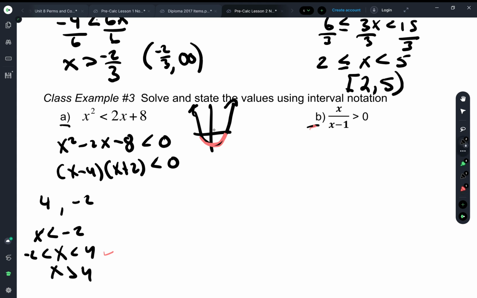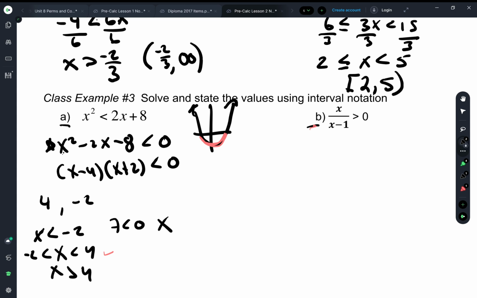Okay, so watch. If I try less than negative 2, let's do negative 3. If you put negative 3 in here, that's 9 plus 6, 15 minus 8 is 7. Is 7 less than 0? No. So that's no good. Between negative 2 and 4, I'm going to try 0. 0 is the easiest.